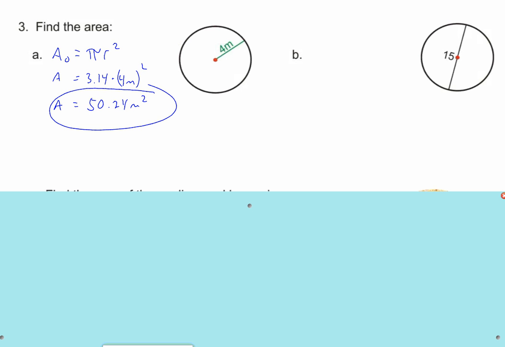All right. So when you look at something like B, same way. Area of a circle equals pi r squared. How do we know what that 15 is? How do we know? Luke? So are you saying that that's the diameter? How do you know?